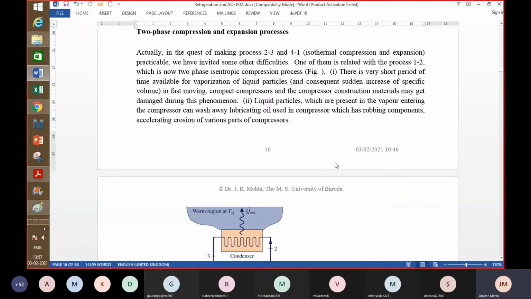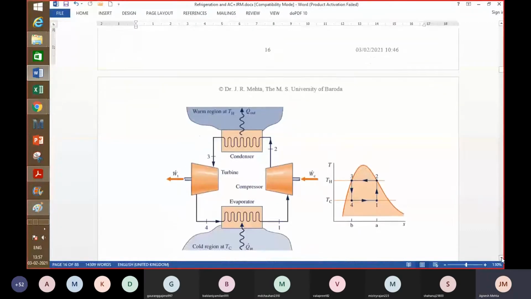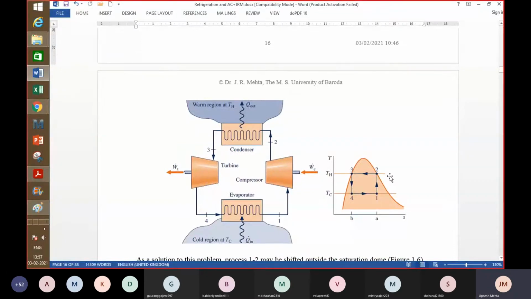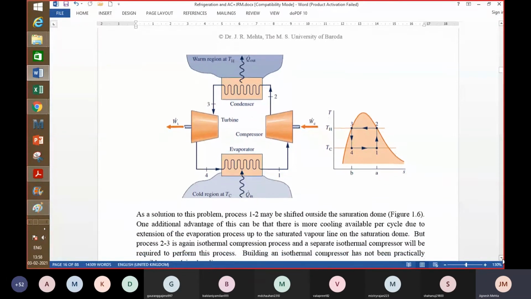You can extend your expansion process. Okay, so these components can be there, and this will be a two-phase compressor, this will be a two-phase expander, right? And this is just on paper. Whether you can build such a compressor or expander is a question.